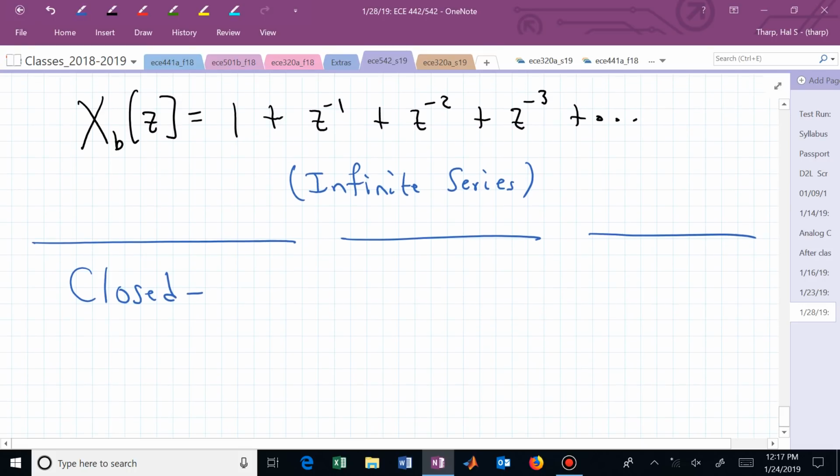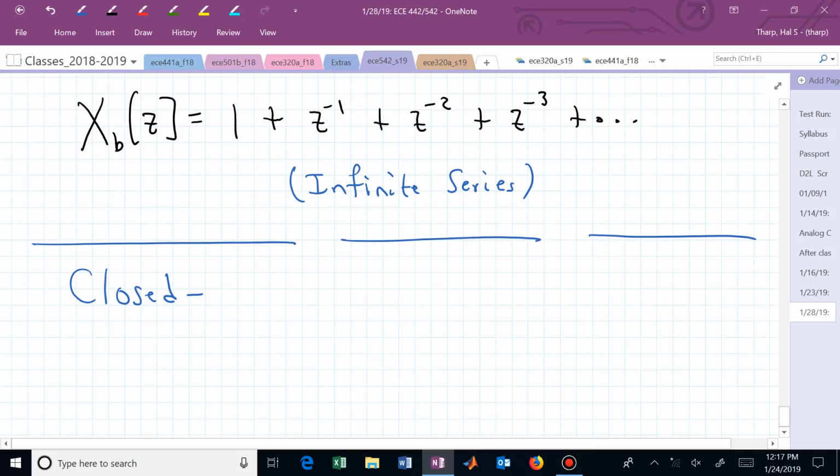But in particular, this is the z transform of a unit step, a discrete time unit step. But we now want to see, can we find a compact way of writing this, or a closed form expression where we might have a numerator polynomial and a denominator polynomial with bounded powers of z.